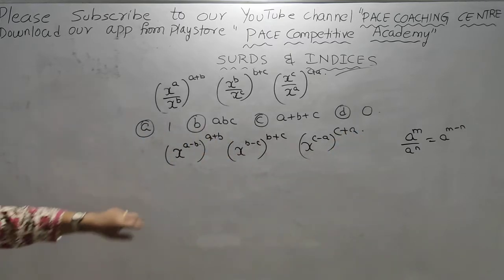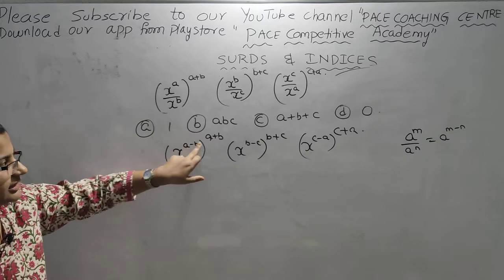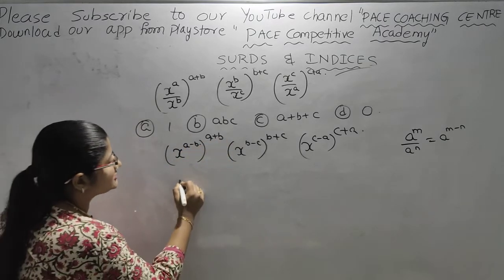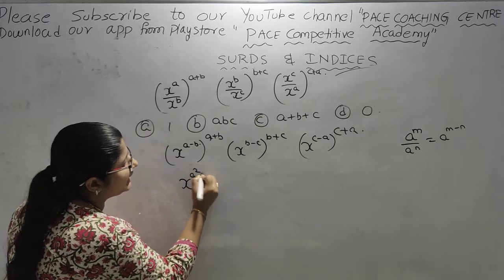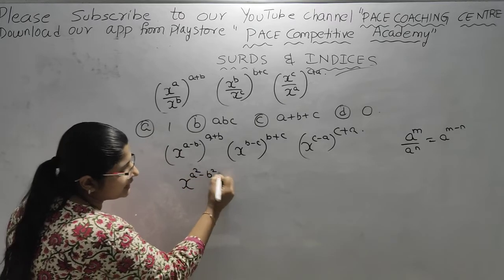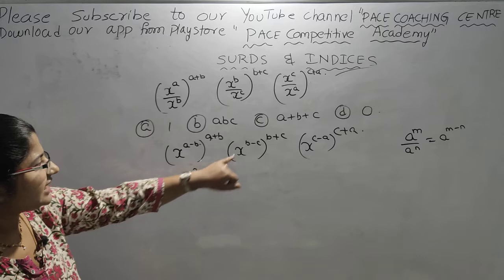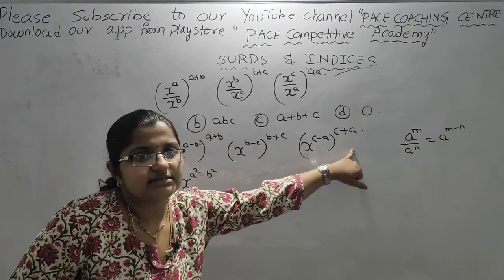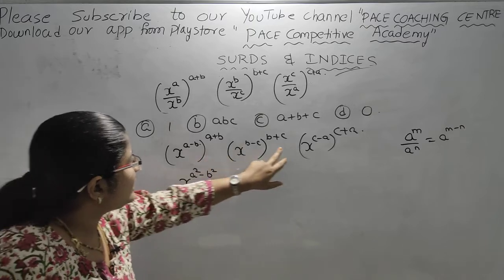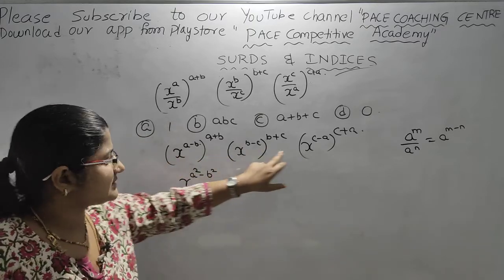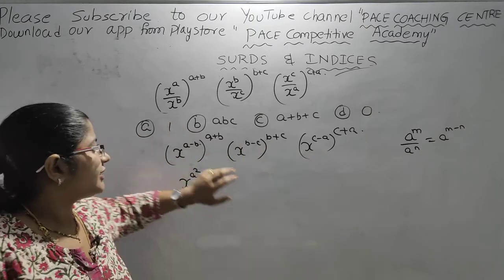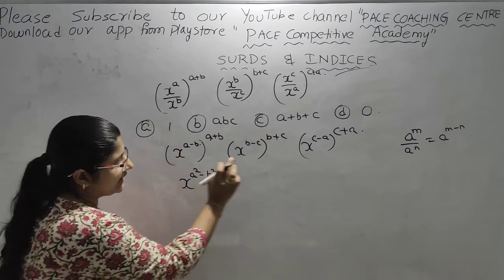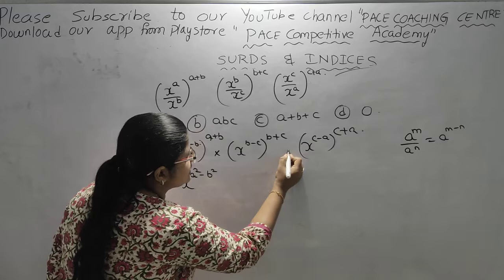Okay. So here we can see a minus b into a plus b, which is nothing but x bar a square minus b square. In the same way, b square minus c square. In the same way, c square minus a square. So all our multiplications and the bases are same. What can we do? We can add the powers, right? So here x and it is multiplication.